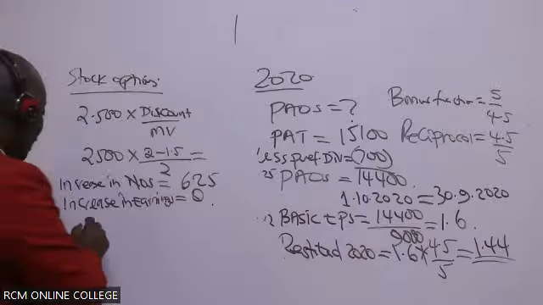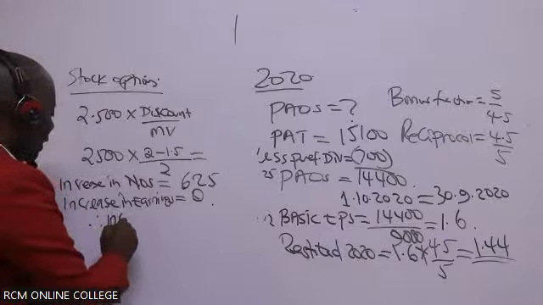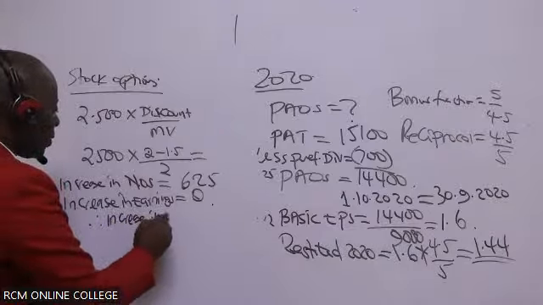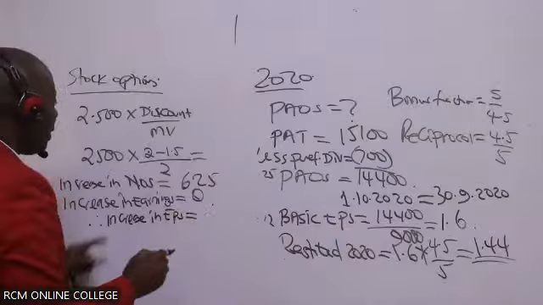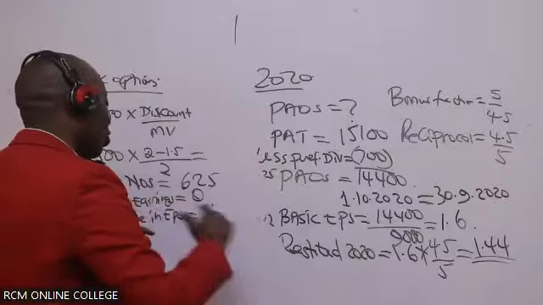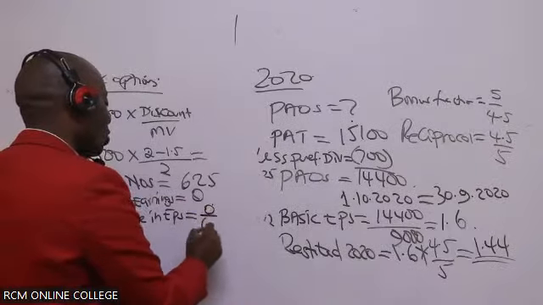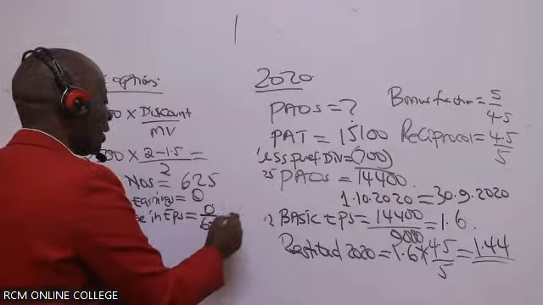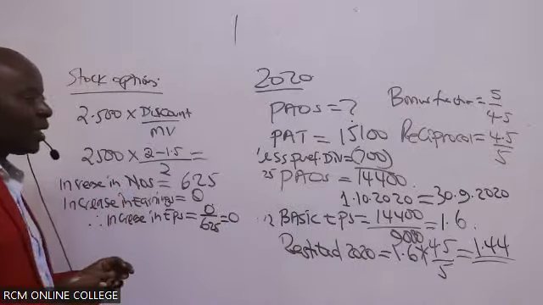And therefore, the possible increase in EPS. Remember, EPS is the earnings all over the number of shares. So we have 0 over 625, which gives us 0.